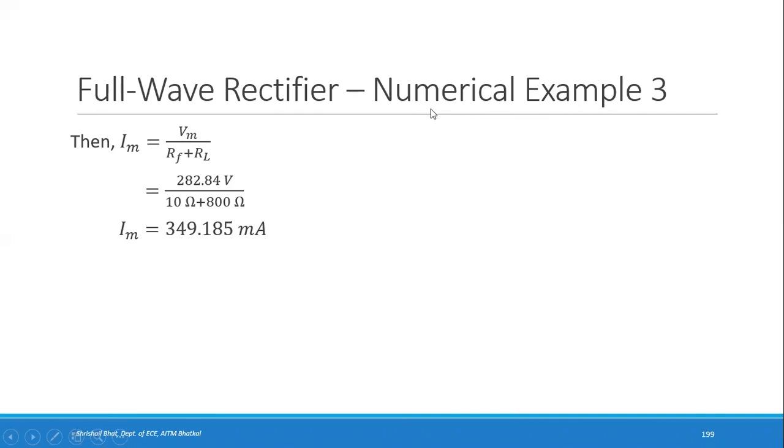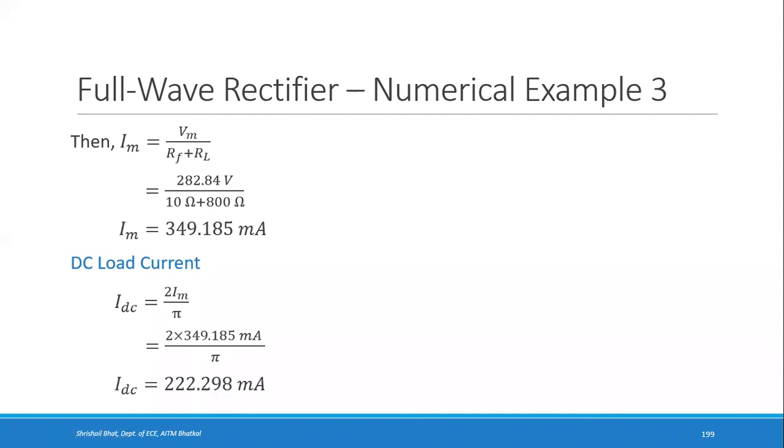From this, you can find IDC, the DC load current. It is 2 Im by pi, 2 into 349.185 divided by pi. What did you obtain? 222.298. Yes, exactly.